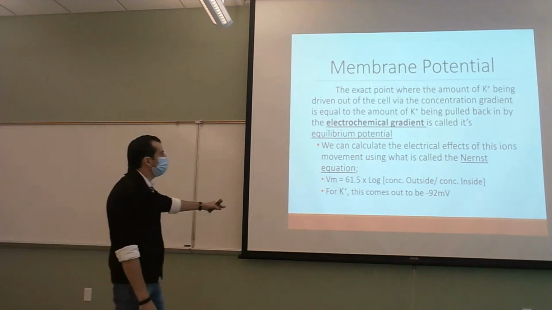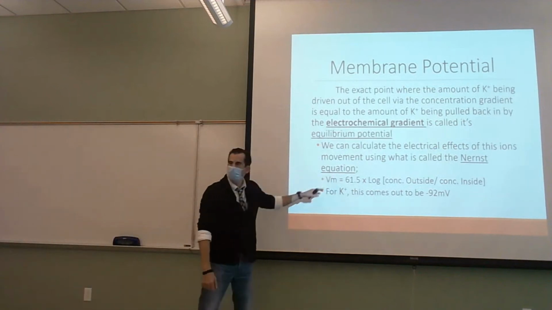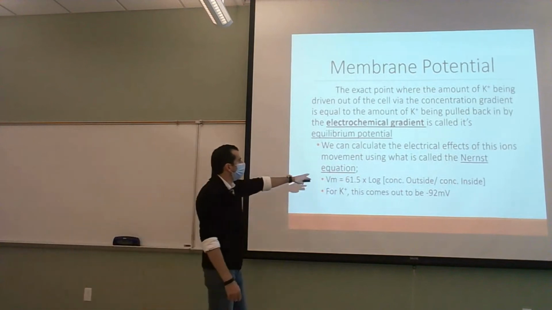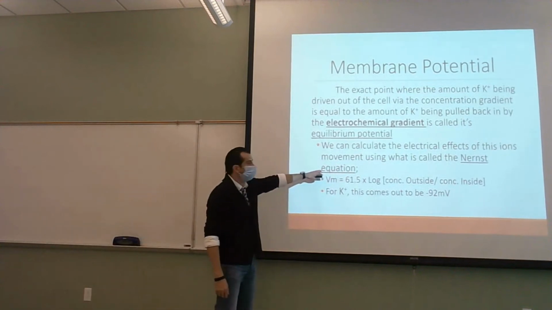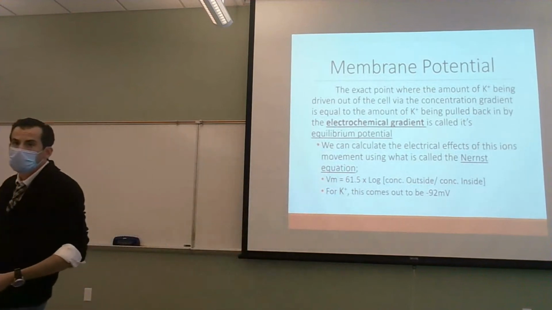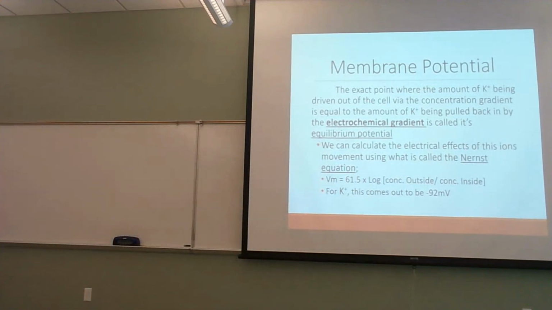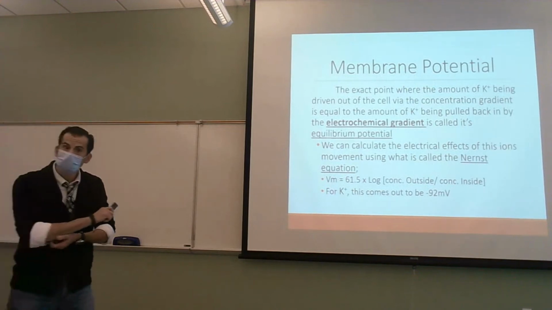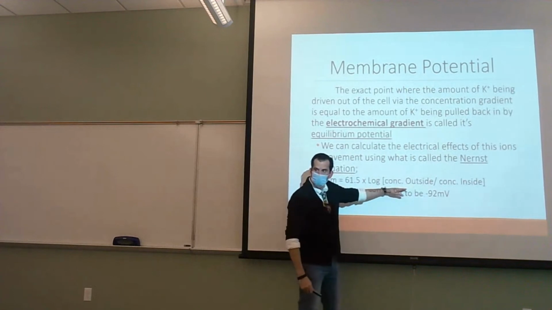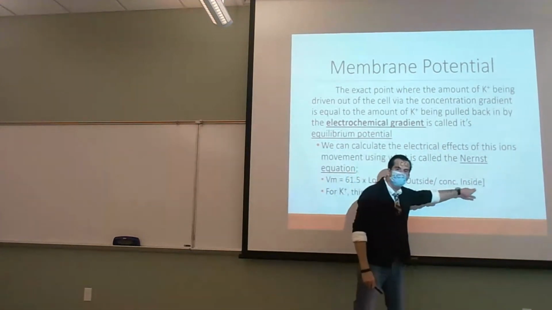We have an equation called the Nernst equation. You guys won't have to actually calculate anything. But we can use the Nernst equation to calculate an equilibrium potential. Remember, potential means voltage. An equilibrium potential is going to be the voltage created by a single ion. So we've got our concentration of potassium outside the cell divided by the concentration of potassium inside the cell.